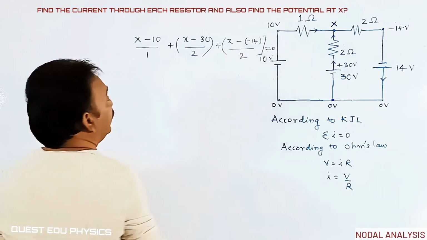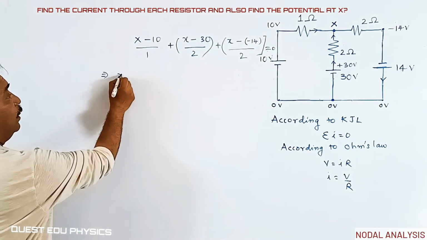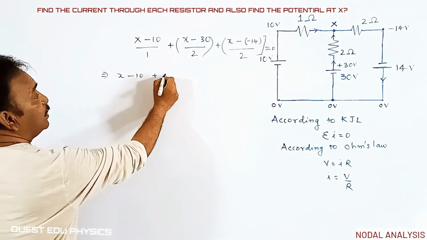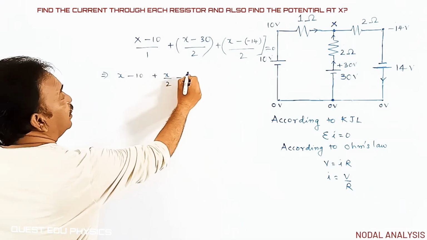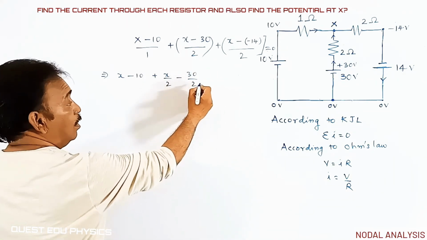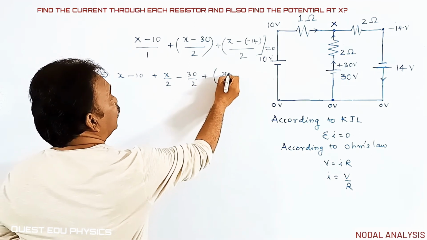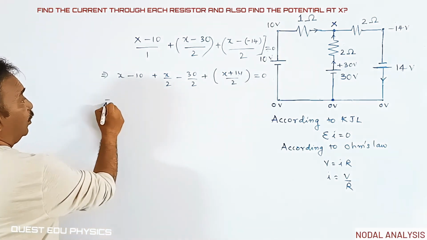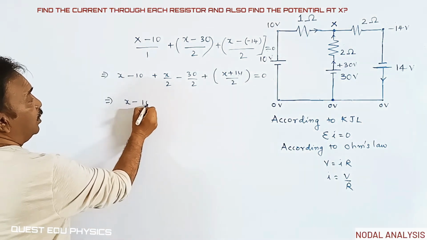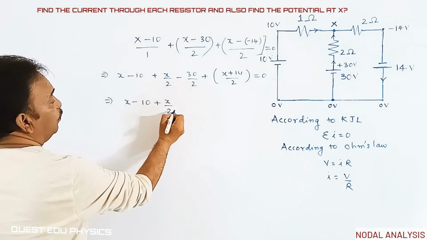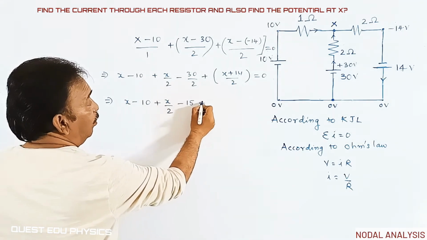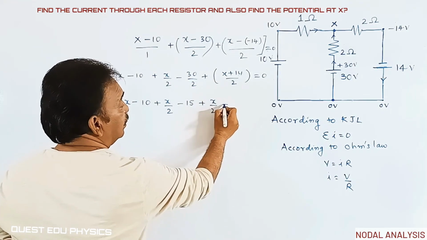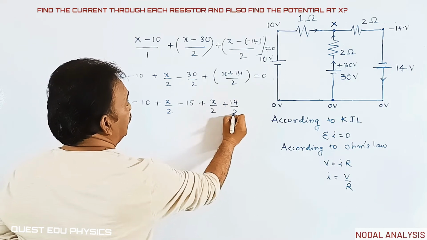Now we have to solve the circuit. What you get: X minus 10 plus X by 2 minus 30 by 2 plus X plus 14 by 2 is equal to 0. Or you can write it as X minus 10 plus X by 2 minus 15 plus X by 2 plus 14 by 2 is equal to 0.